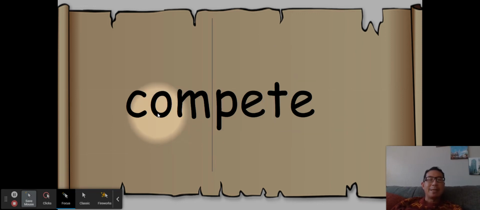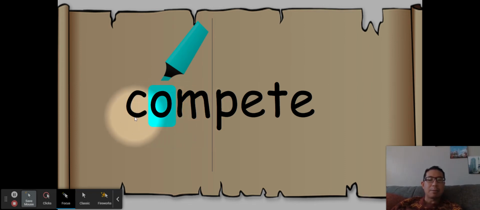Let's try this one. We're going to highlight the vowel, which is O, but because there's a consonant right there, this is O says ah. So this becomes k, ah, calm.